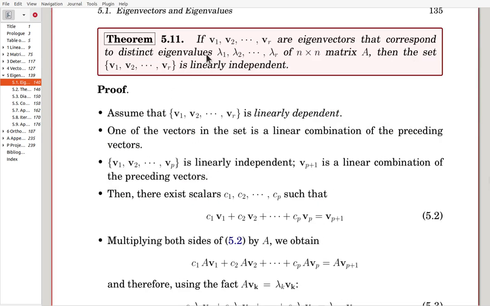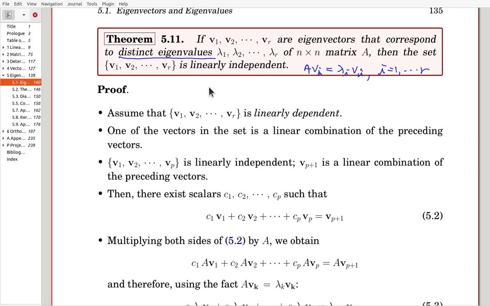If v1 to vr are eigenvectors that correspond to distinct eigenvalues lambda 1 to lambda r, so that A vi equals lambda i vi for i from 1 to r, and we assume the eigenvalues are distinct, then the set v1 to vr is linearly independent.